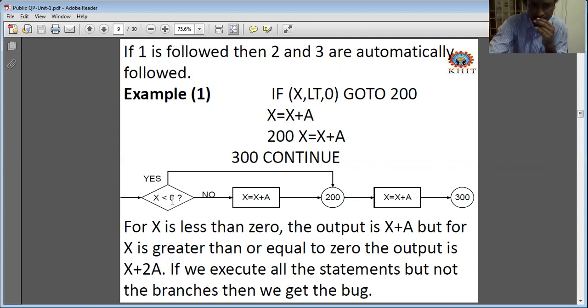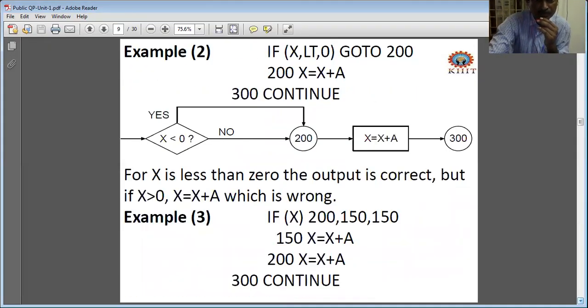In the false direction, x equal to x plus a and go to 200, again x equal to x plus a. That means x equal to x plus a is calculated about 2 times, so x takes about x plus 2a. So true case only you have to consider.